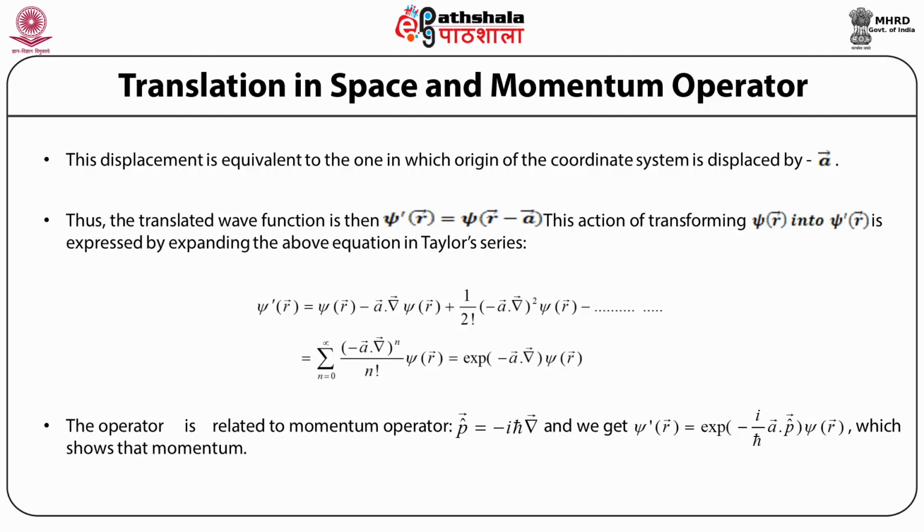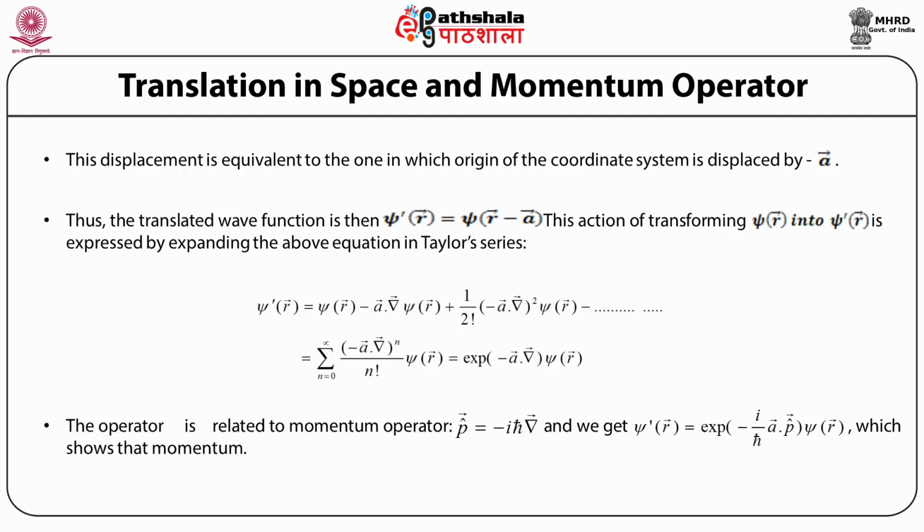Now the del operator is expressed through the momentum operator p, given by p is equal to minus i h cross del, and we get the wave function psi prime of r is equal to exponential to the power minus i by h cross times vector a dot momentum operator, whole, times the wave function psi of r.